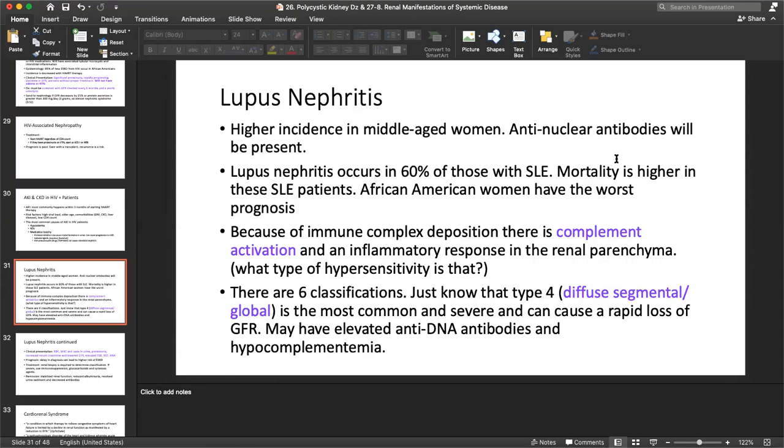So mortality is higher in these patients, and African American women have the worst prognosis. So know that there's complement activation and an inflammatory response. So what type of hypersensitivity is that? Okay, good. So it's going to be a type 3.